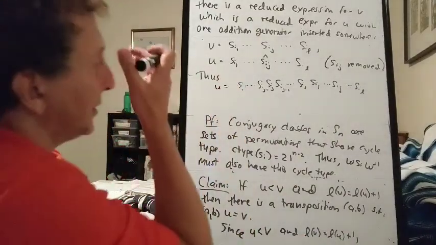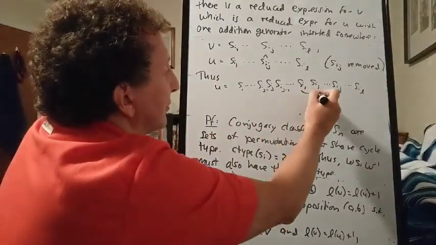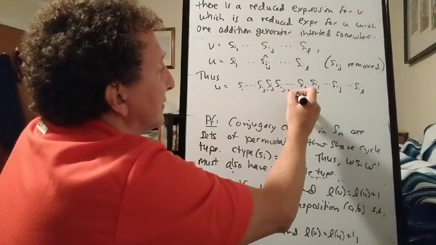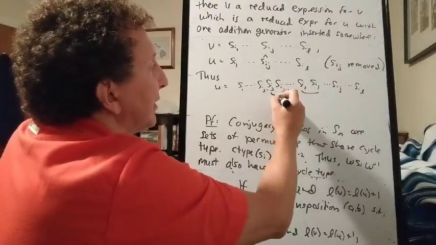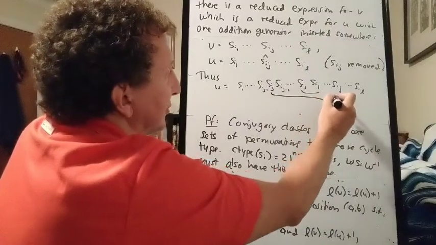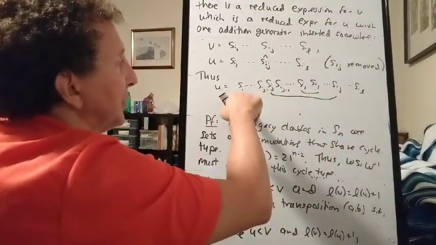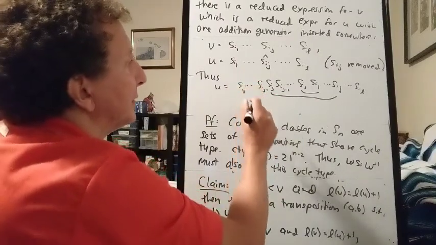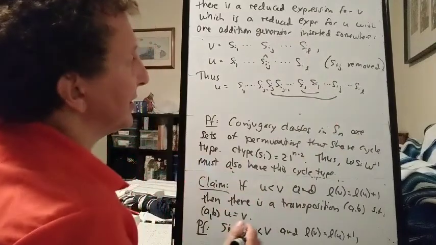So U is this because these two Sij's are going to cancel, and then the Si1s are going to cancel, Si2s are going to cancel, everything up to Sij is going to cancel, and then we're going to replace Sij minus 1 through Si1. So that'll be like taking out the Sij.